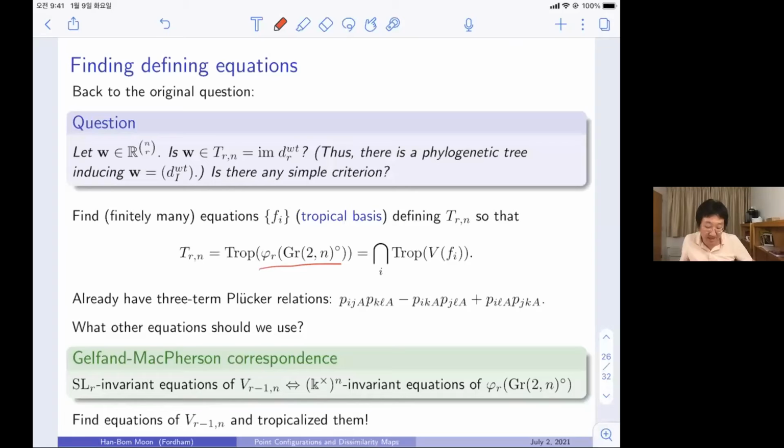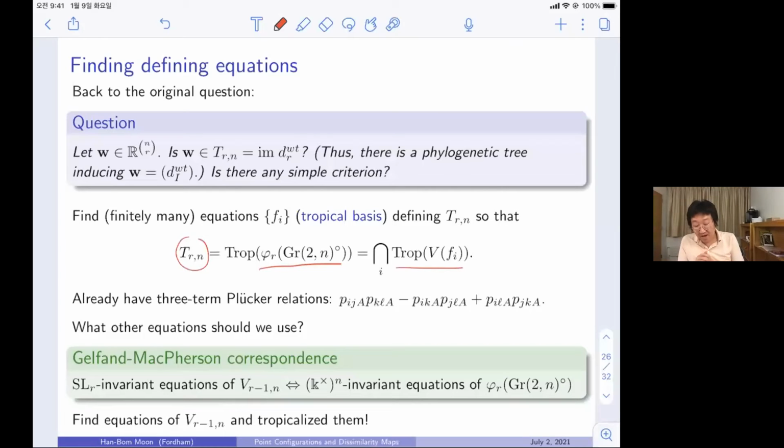So we are going to find equations such that the tropicalization T_r^n is the intersection of the tropical hypersurfaces given by a finite set of polynomials. This set of polynomials is called a tropical basis. Well, the existence is well known, but the computation of a tropical basis is a really difficult problem. It is way more expensive than Gröbner basis computation, for instance.